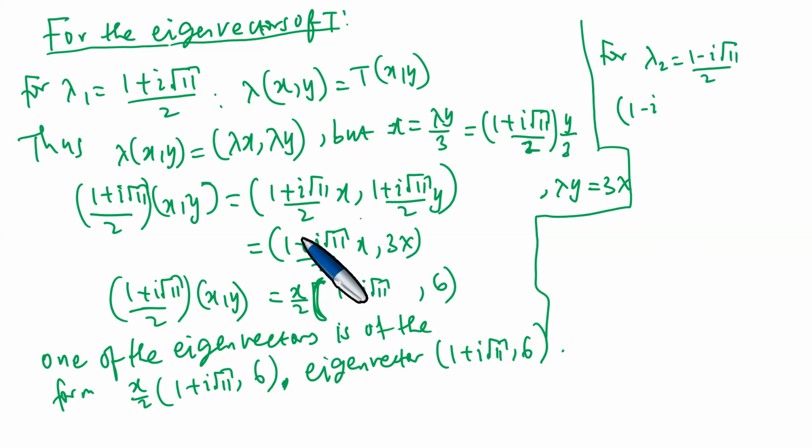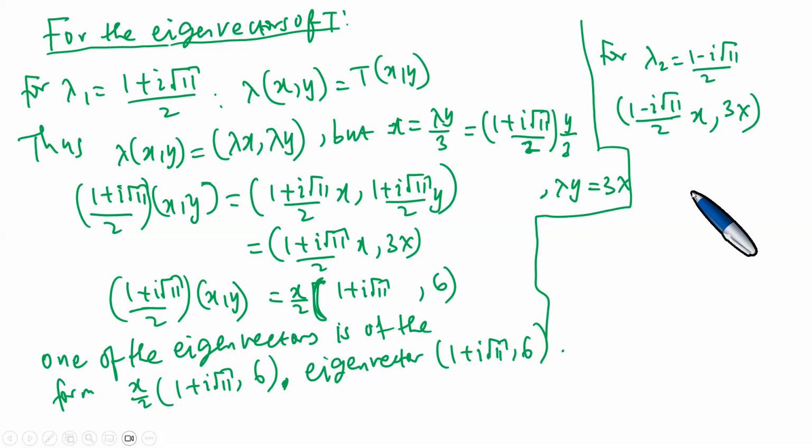Okay, you don't need to write all the steps like we've done for the other one, because these are just complex conjugates. So you have that, right? And then you'd have x, like so. And then obviously now you have lambda y, which is 3 times x.